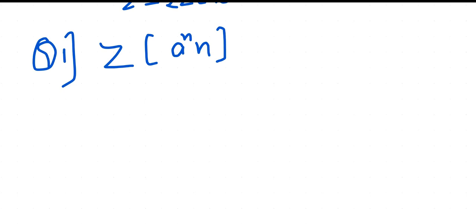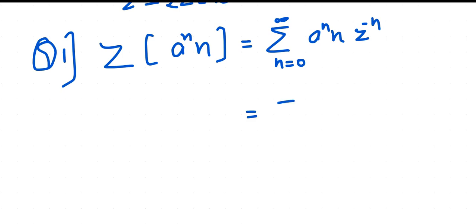We can write this summation by using the direct formula: summation n equal to 0 to infinity of a to the power n into z to the power minus n, or we can write this as summation n equal to 0 to infinity of n into (z over a) to the power minus n.